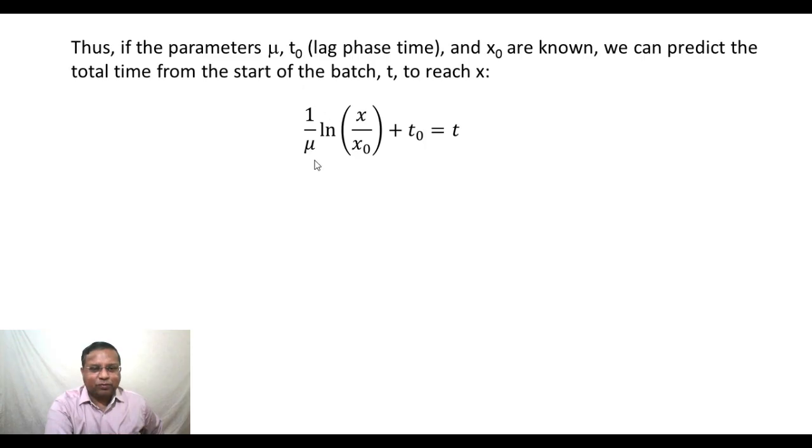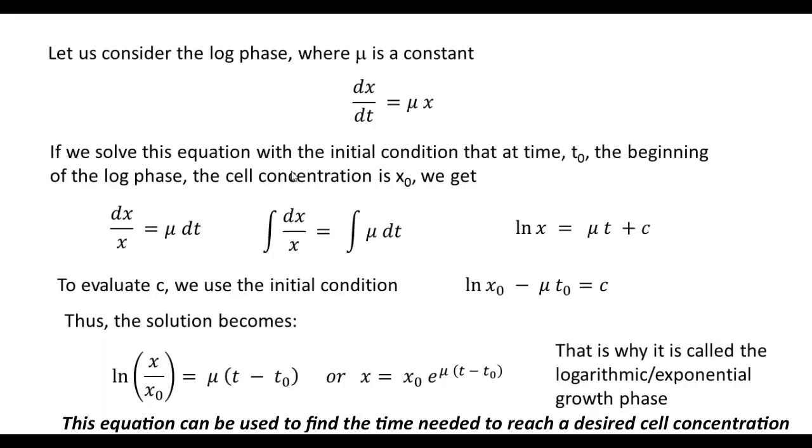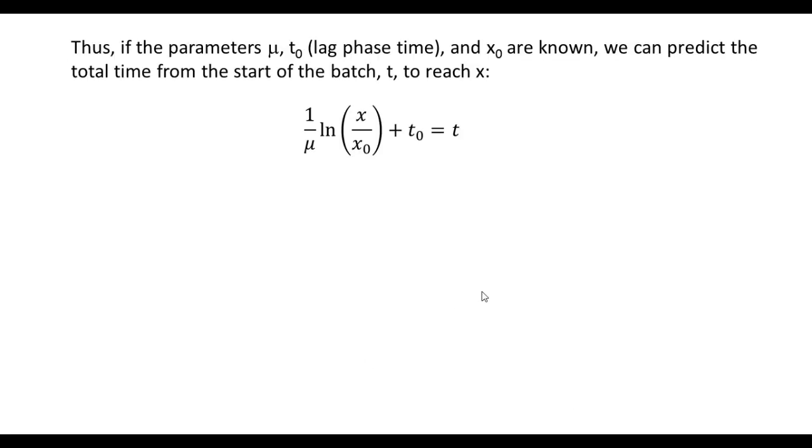It is 1 by mu ln of x by x naught. This is what we get from our previous analysis. 1 by mu ln of x by x naught, if t naught can be taken as 0, plus our t naught, which is the time that the batch spends in the lag phase.